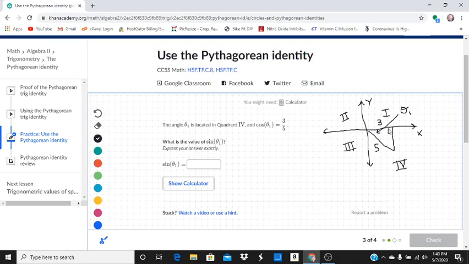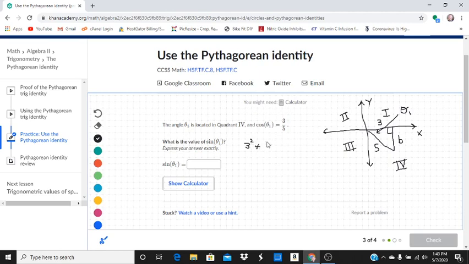This is a right triangle. So basically we have this unknown side, we could call it b, and we're going to use the Pythagorean identity, or the Pythagorean theorem, to find that side.